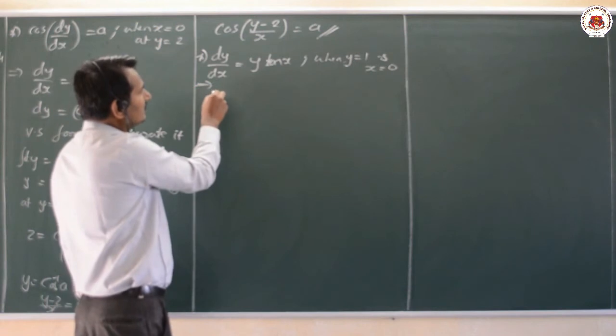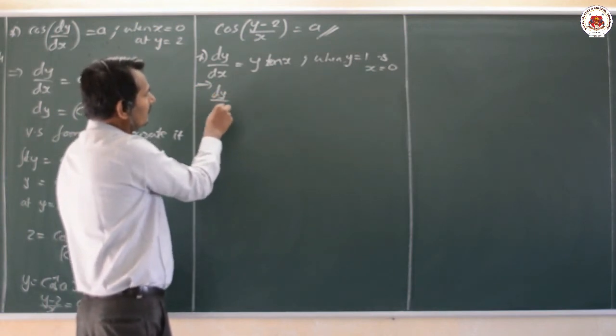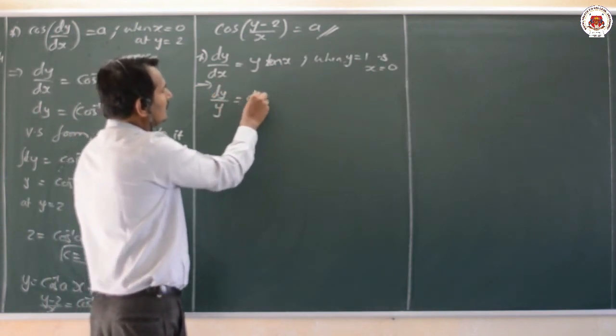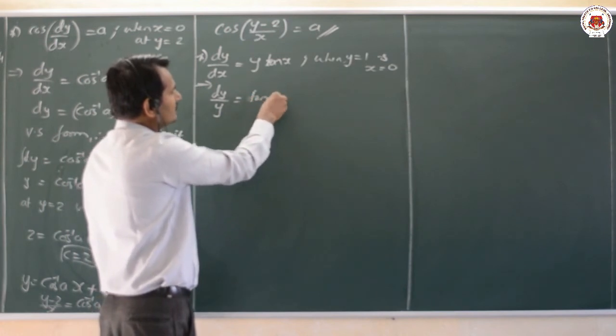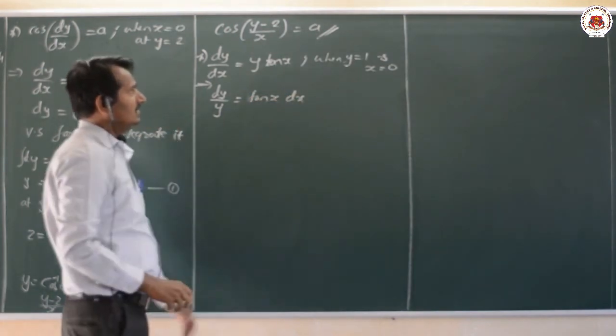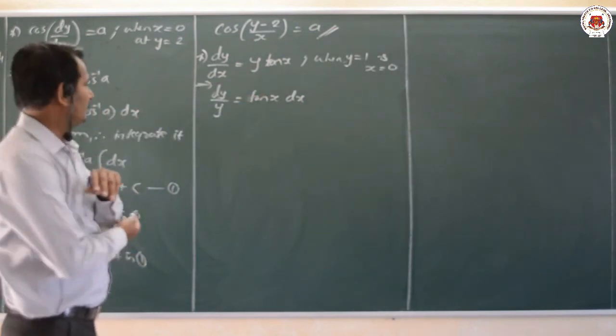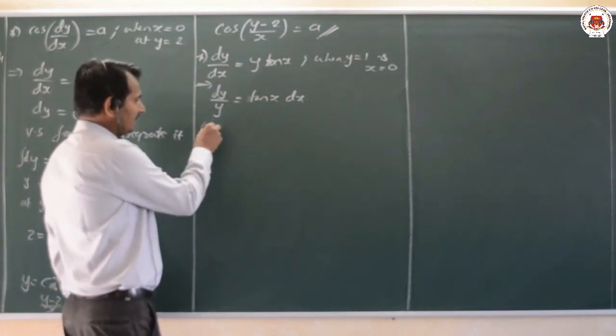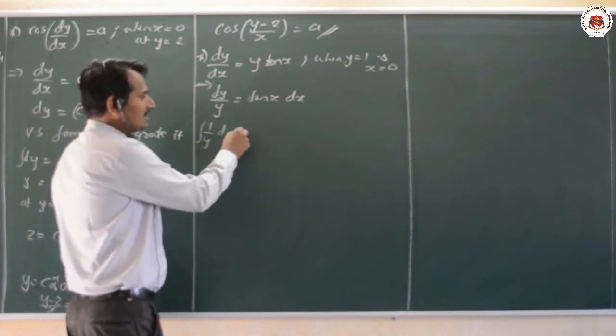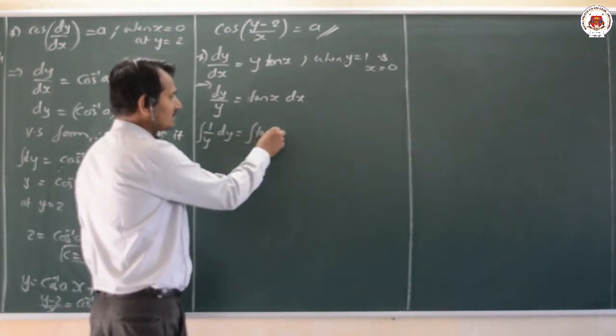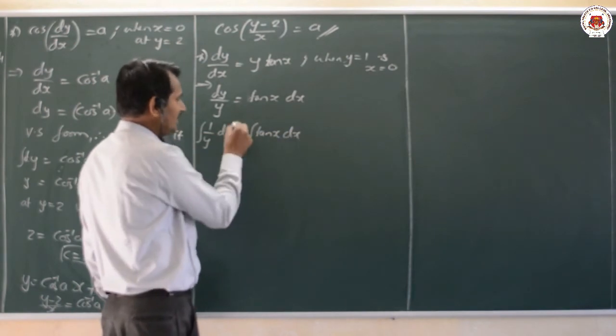That implies dy divided by y is equal to tan x into dx. By easy cross multiplication, that is nothing but our variable separable form. Now we can integrate it: integration of 1 by y dy is equal to integration of tan x into dx, students.